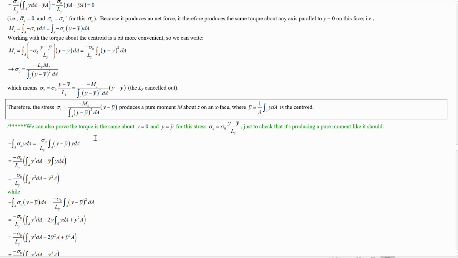With X pointing into the page, the moment at the end of this thing is making it bend down, which is a moment in the positive X direction. From this thing's perspective, this is saying how much stress you need to get a given out-of-the-page moment MZ. We want an into-the-page moment of M end here.